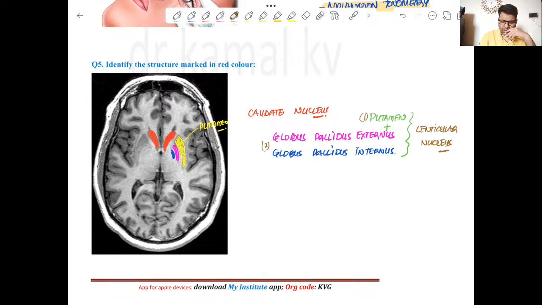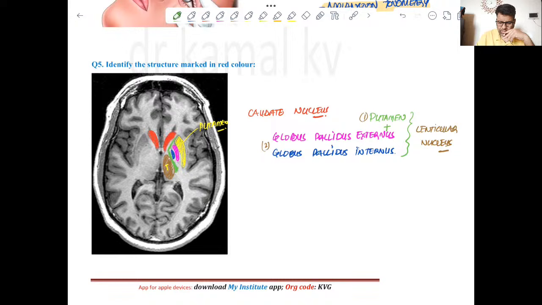Clear? Then on the medial side we will see thalamus, right? So here this is all thalamus. Clear? So this is thalamus here. Now in between these structures you can see one area. Now if you see here, this is an angulated area, right?